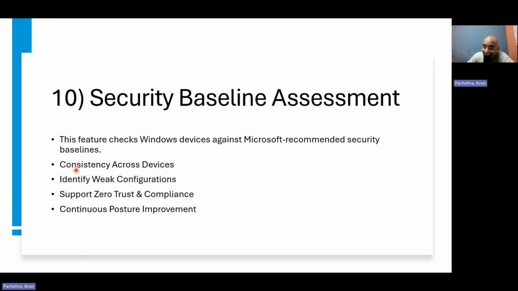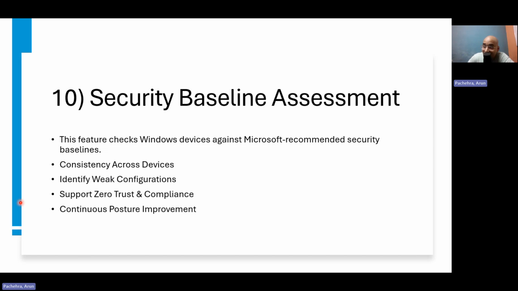So how does it help? Consistency across devices, because large organizations often have thousands of endpoints, and without a baseline, each one might have different security settings, right? So baseline assessment enforces standardized, consistent security policies or posture. It identifies weak configurations. Even if a system is patched, misconfigured policies like weak password length or disabled Defender can expose it to attack.